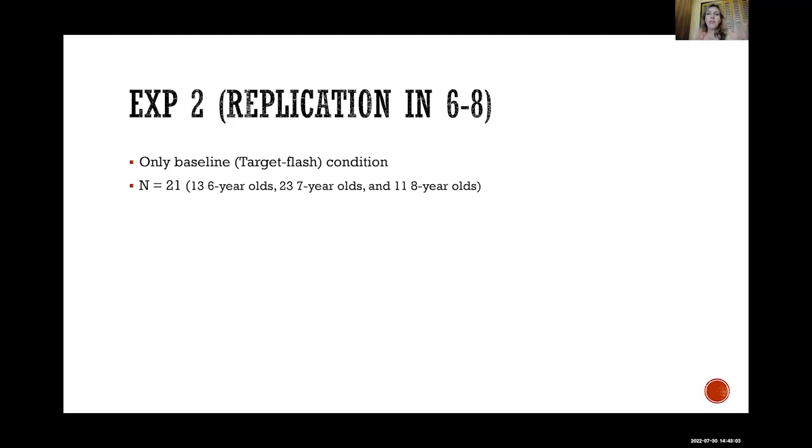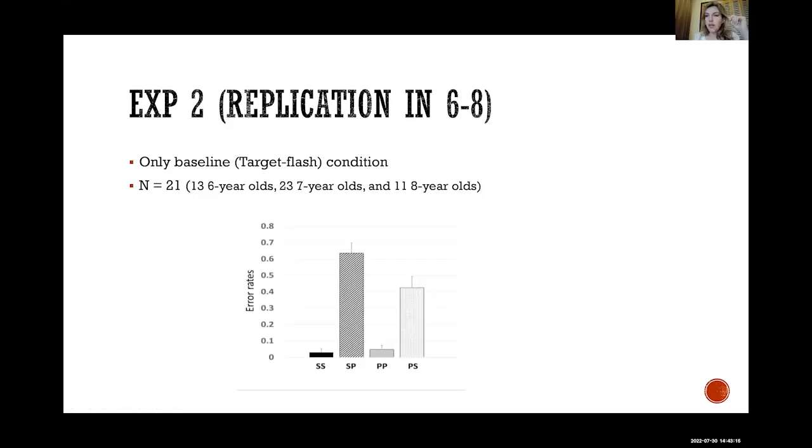And this time we looked at 6 to 8-year-olds in the baseline condition in the same paradigm that I showed you. Sample size was calculated using the effect size from experiment 1. This time we see robust agreement attraction as we did before, and we also see a robust attraction asymmetry within the group.